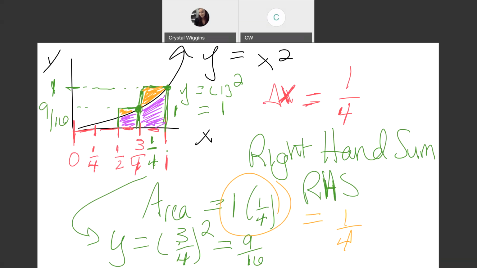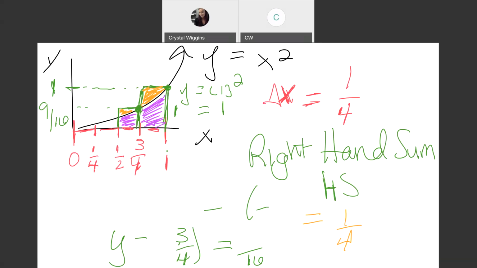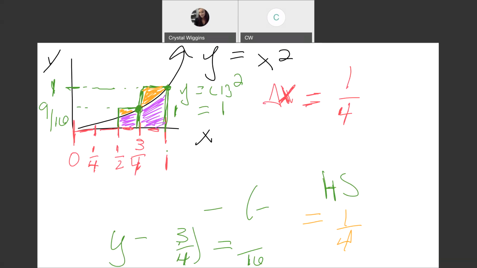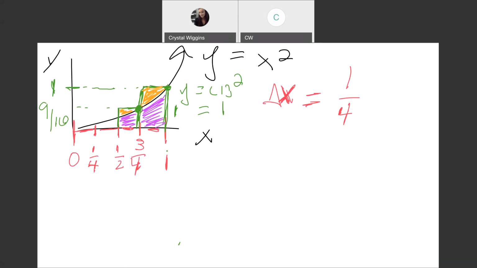Next rectangle is an x value of 1/2. Clear up some of this stuff that we have in my way. Okay, so to find the height at 1/2, we calculate y equals 1/2 squared, which gives us 1/4.